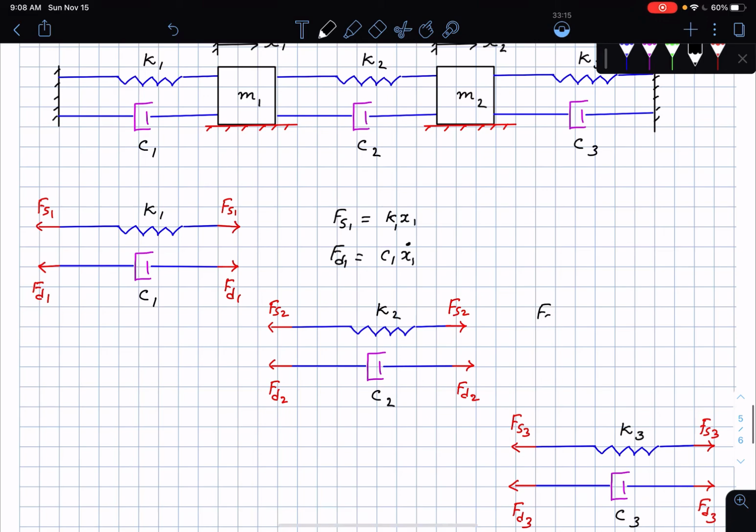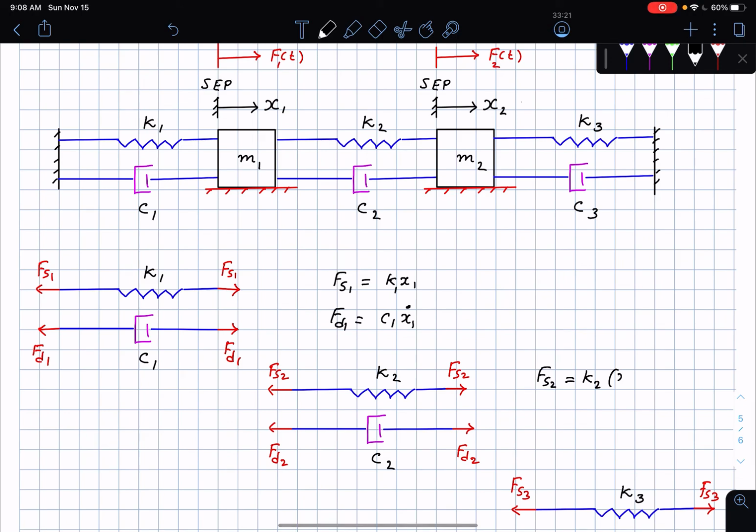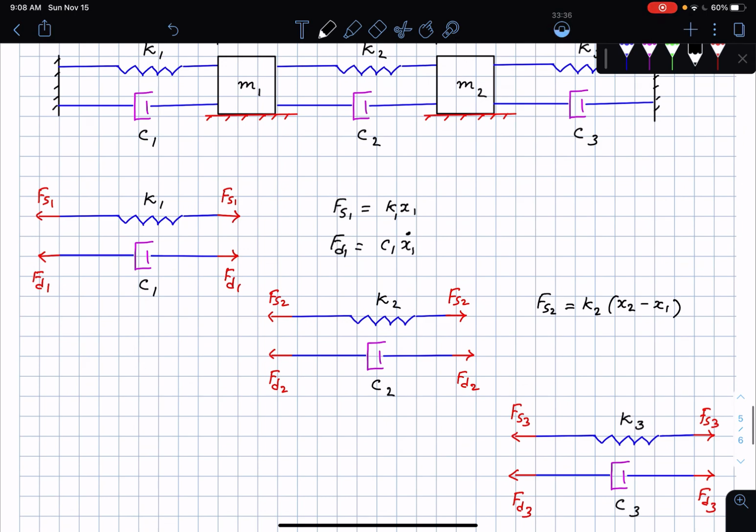Then here Fs2 is going to be, watch this, k2 times the positive displacement of x2 minus x1, because one end of the spring is being displaced in the positive x2 direction, the other end, if it is displaced in the positive x1 direction, then the spring is going to get compressed. Likewise for Fd2 as well, this is going to be c2 times x2 dot minus x1 dot.